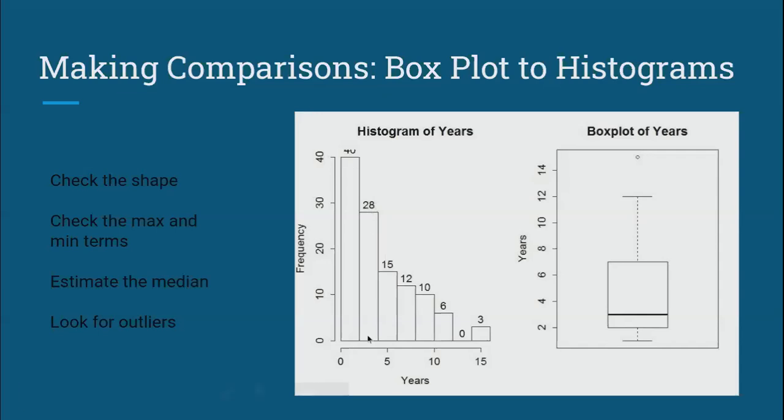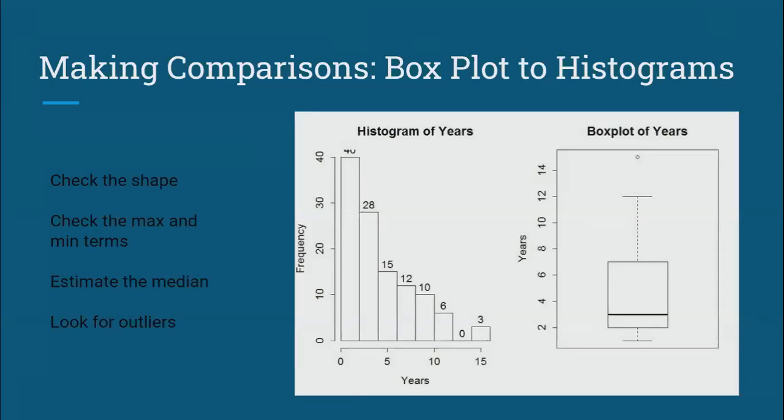So you know the median has to be somewhere in this second tower, in this second bar. Okay. Now, according to the box plot, the median is about 3 because this is the median. Okay. So again, and then we'll look for outliers. We'll also talk about, again, maximums, minimums, but how they look differently in each and how you can tell which 2 go together. Okay, or which 2 represent the same data.